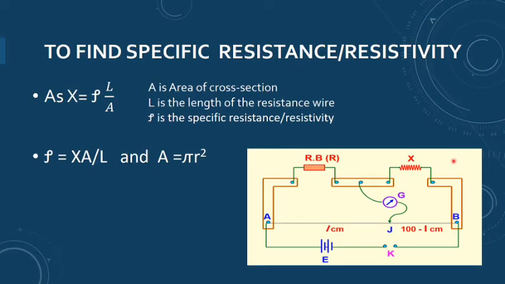The basic procedure will remain the same, but you have to repeat this experiment 4 times by taking different values of the unknown resistances: X1, then X2, then X1 and X2 in series, then X1 and X2 in parallel. You will do this experimentally, and then you can verify the laws of series and parallel combination.